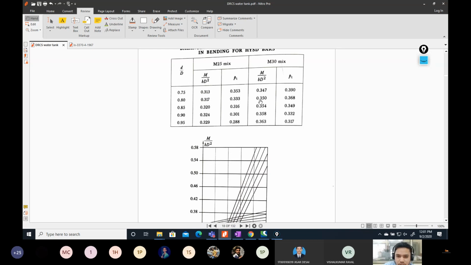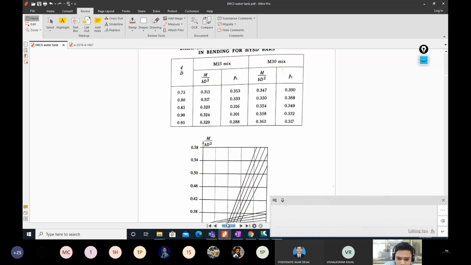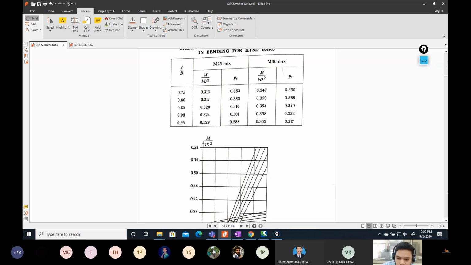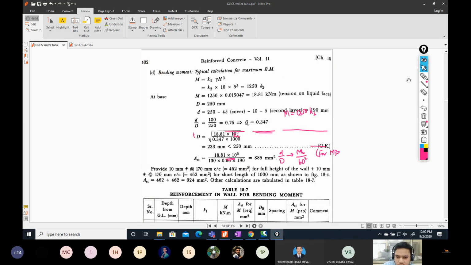Conservatively, we can take this as 0.347.